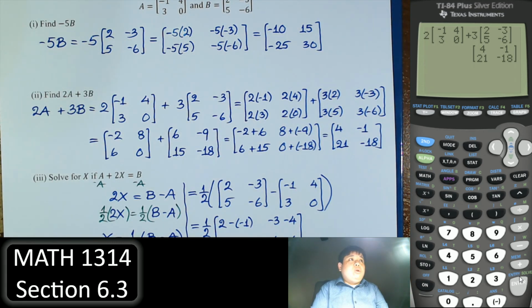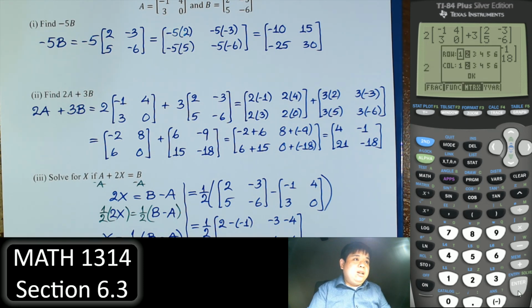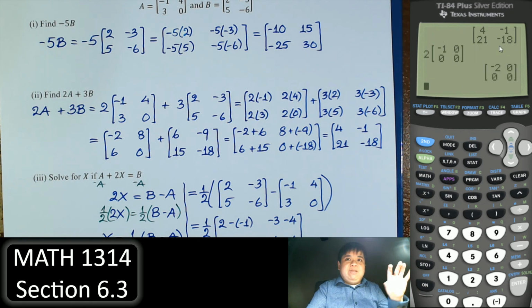So of course you can enter everything in the home screen, but make sure that on the home screen you do not hit enter until we're done, because if we hit enter by accident, for example after -1, we get out of that, and the calculator understands that you're done, so there's no more entry, no more value to enter.